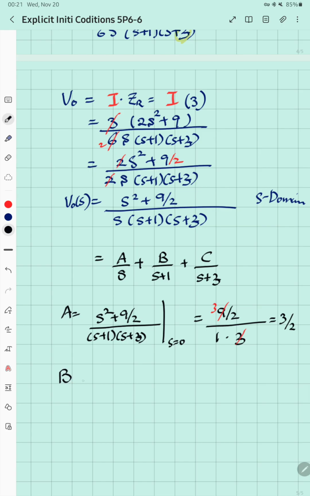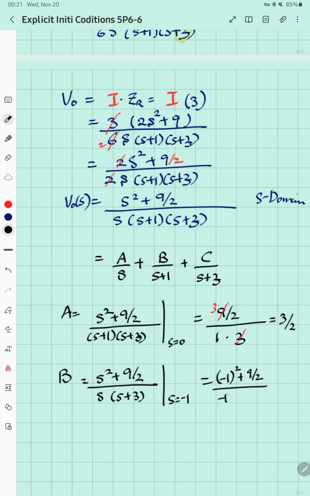Let's look at B in a similar manner. 2s squared plus 9 over 2 over, this time it's s times s plus 3. When s equals minus 1, that's what you're plugging in. So minus 1 squared times 2 plus 9 over 2 over minus 1 times minus 1 plus 3. That is 2 plus 9 over minus 1 times 2, so that is minus 2.